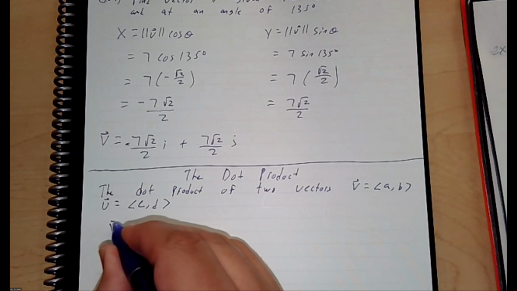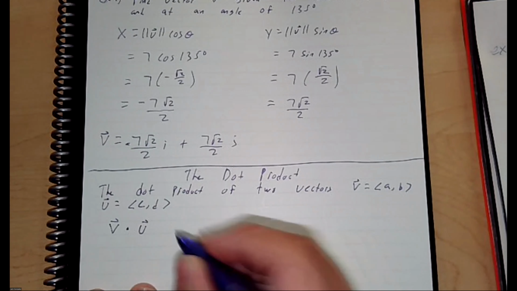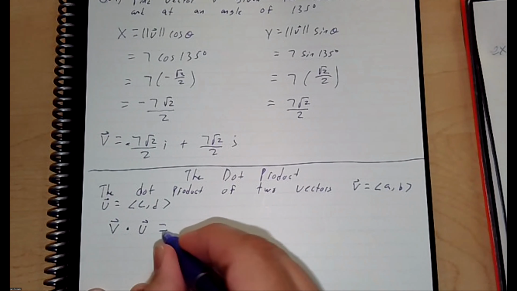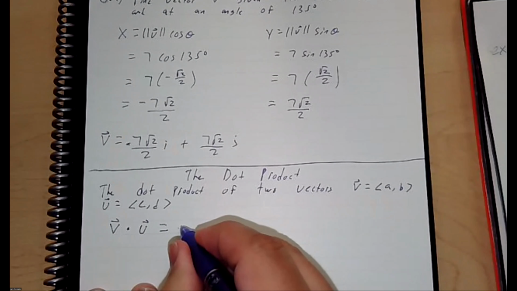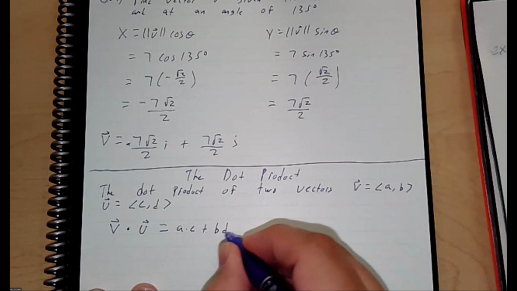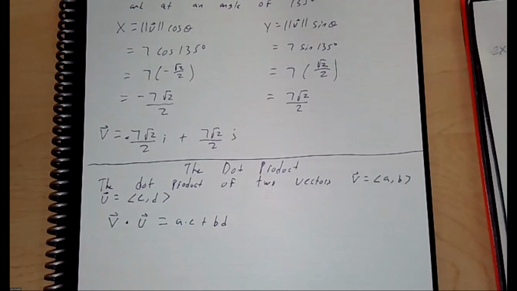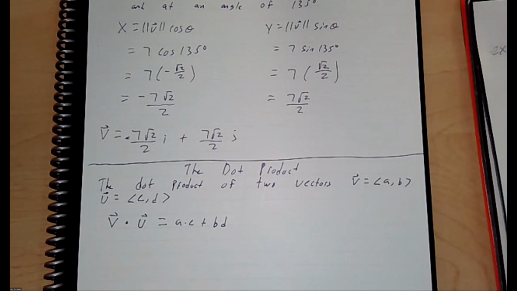So v dot u is equal to a times c, so the i components, plus b times d, the j components. So when you do a dot product, you no longer have a vector. You get an actual scalar, some real number. That's all it is.